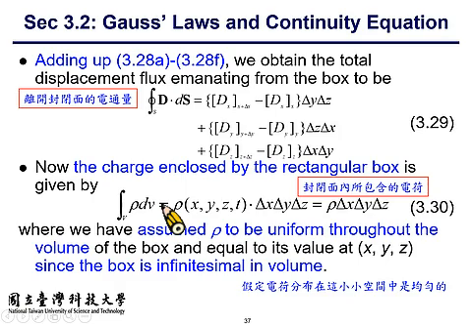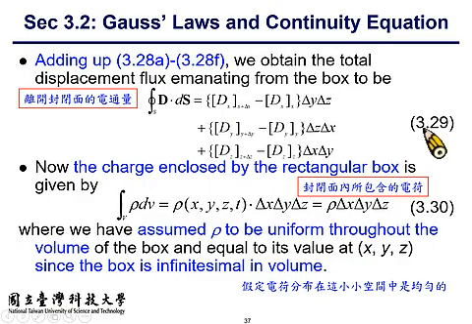So it can be simplified as a product of the charge density at a point in this volume times the total volume of this region, that is delta x times delta y times delta z. And this is the electrical charge within this region. So you have rho times delta x, delta y, and delta z on the right.